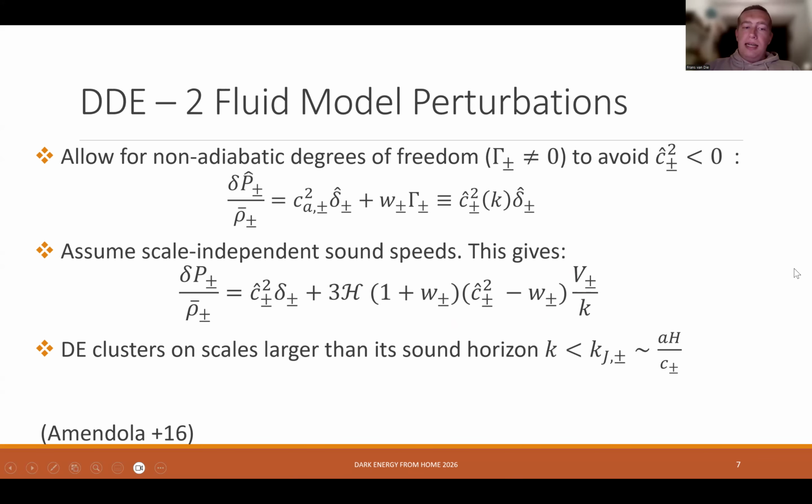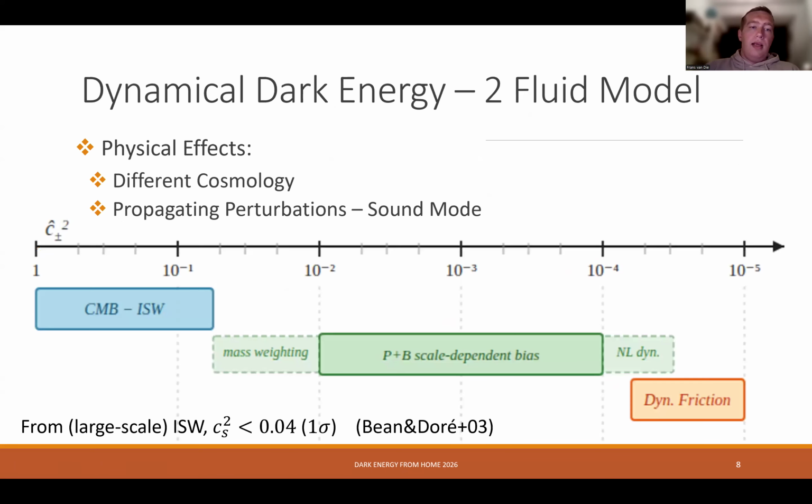Now, in this case, dark energy will also cluster on scales that are larger than the sound horizon, which in this context is just the Jeans scale, k_J, which is inversely proportional to the sound speed. Now, in this slide, I schematically depicted what kind of effects one may expect if one allows for a clustering dark energy.